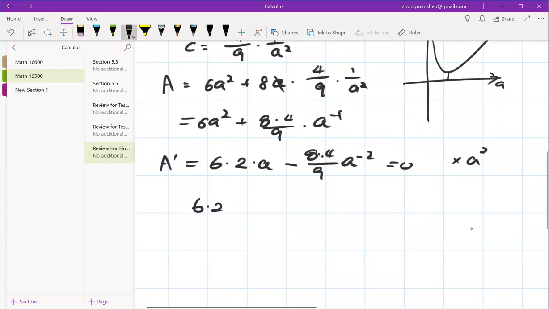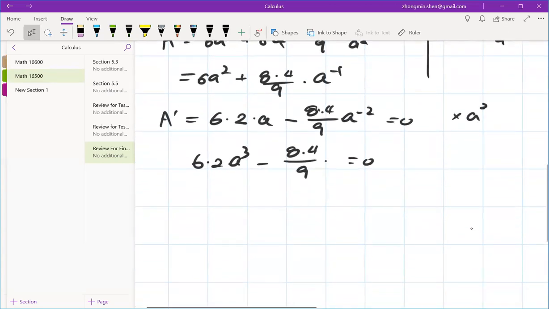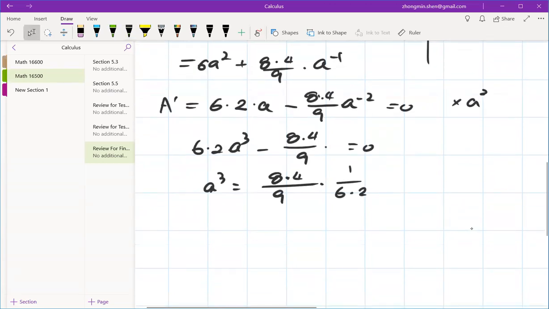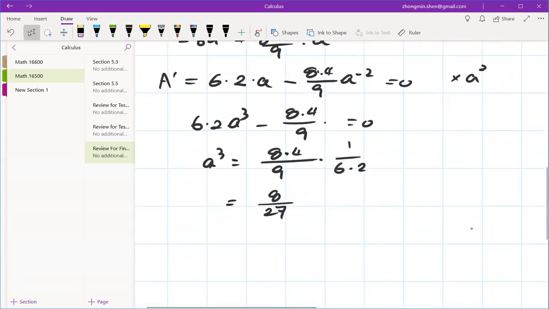So you get 6 times 2 A cubed equals the other term. So A cubed equals, we have to simplify, right? So 8, 4, 9, and 6 times 2. I think I'm going to get 8/27. Yes. So from here, A is going to be 2/3.